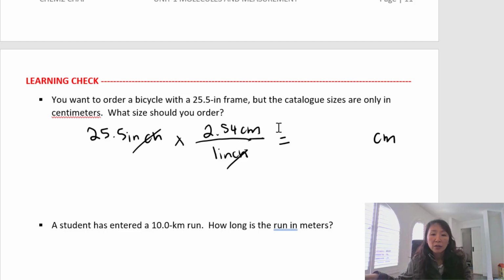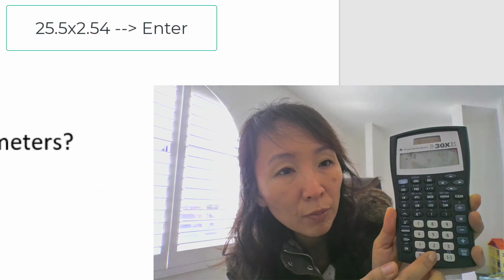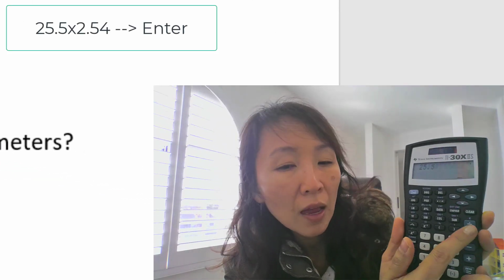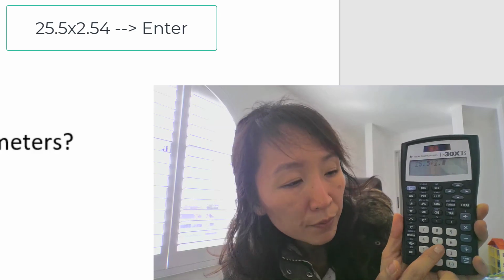So let's go ahead and calculate this, and please try to get in the habit of calculating with the ones, even though you might already be math savvy, because sometimes the denominator isn't always 1. So I got my calculator. I'm going to press in 25.5 times 2.54.